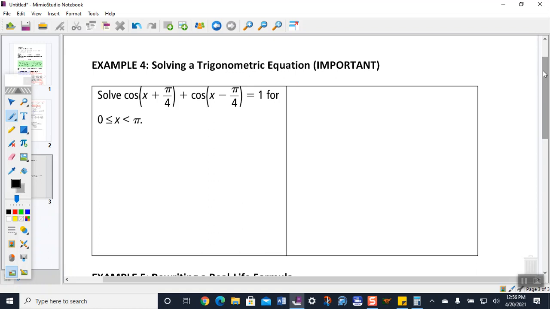So here we go. I'm going to call this first one cosine x, cosine pi over 4. And then it'll be minus, right?